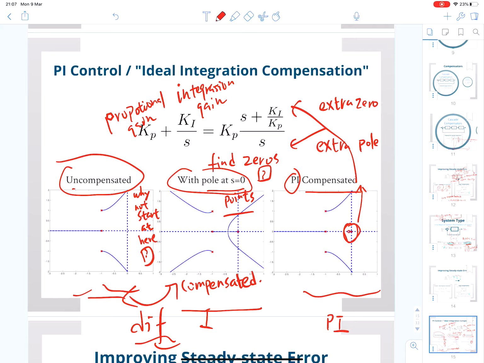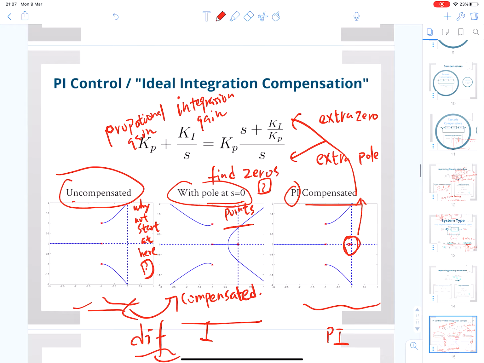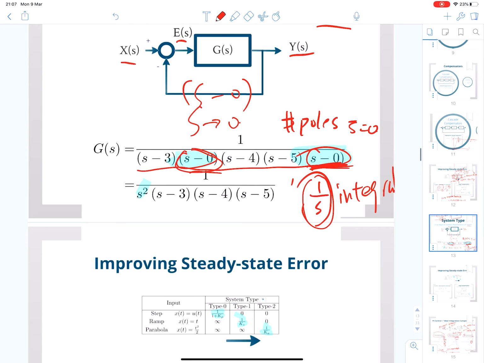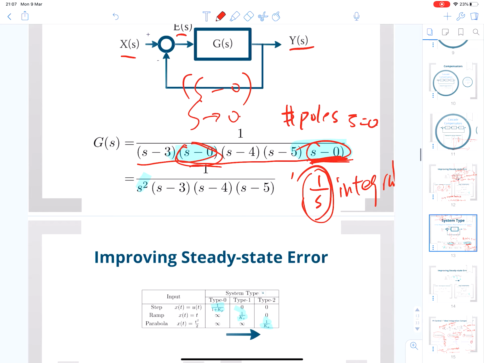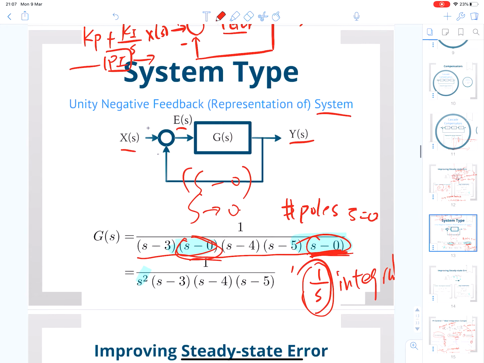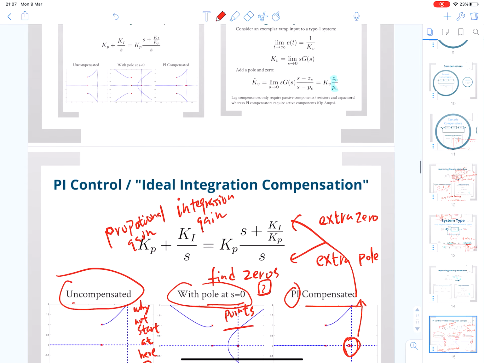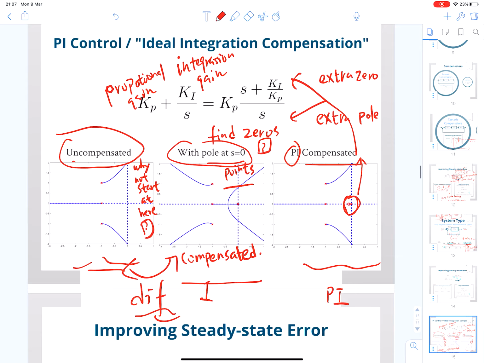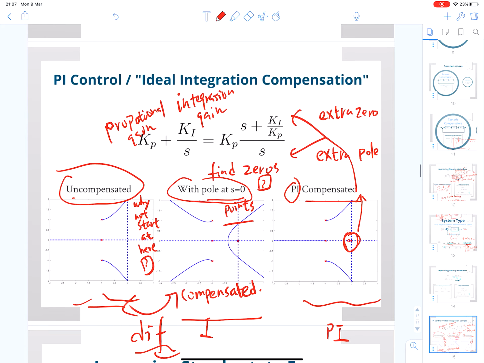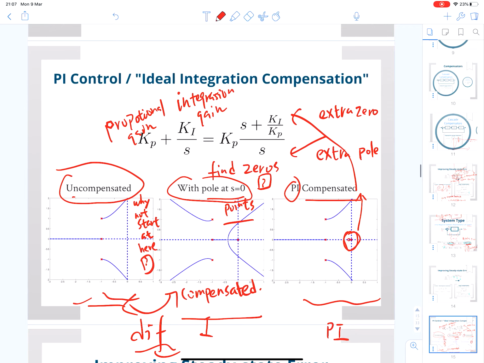Then it is going to have, this should be 2 poles, right? This system should have... where is the J going to be?